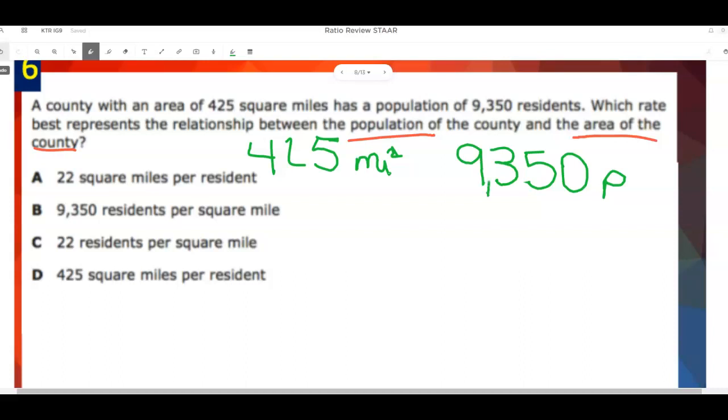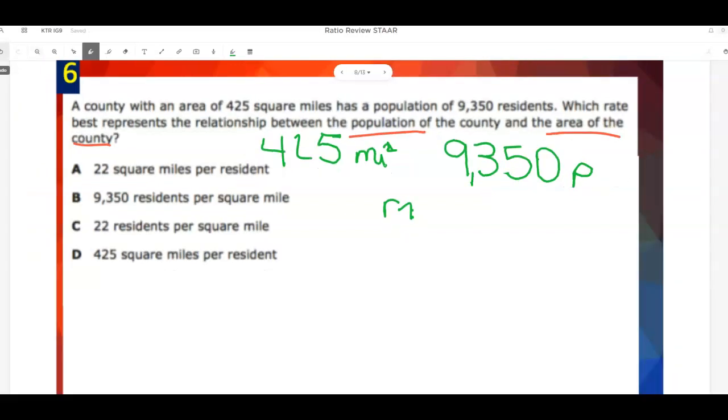Alright, so you are finding out population per mile. Okay, how many people live per mile? So, population for the area. So we've got residents, they call them residents. It's not going to let me write. You should have put an R and a B. I could change that.